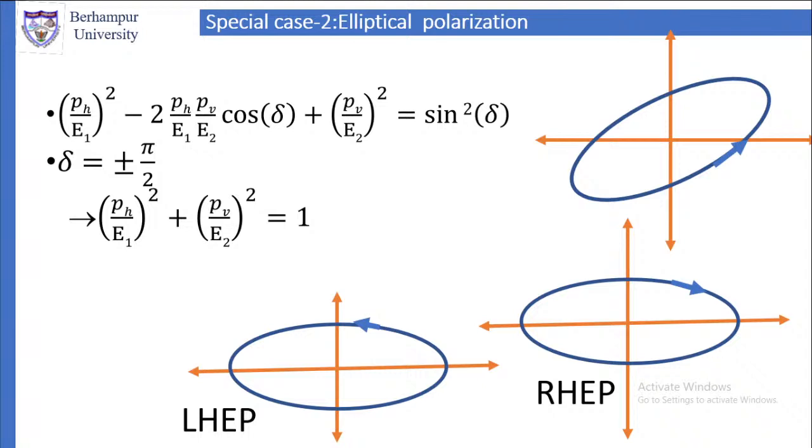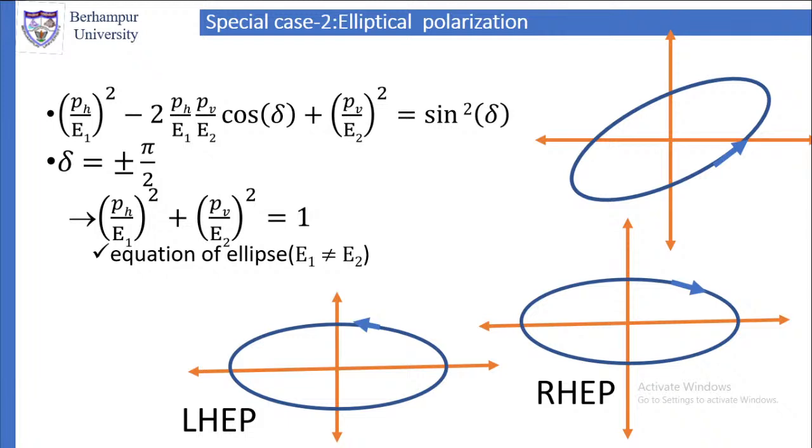So this is the equation of an ellipse where the tilt angle is equal to 0. That is one case. This is the ellipse where E1 is not equal to E2. E1 equal to E2 will give us some other consideration.